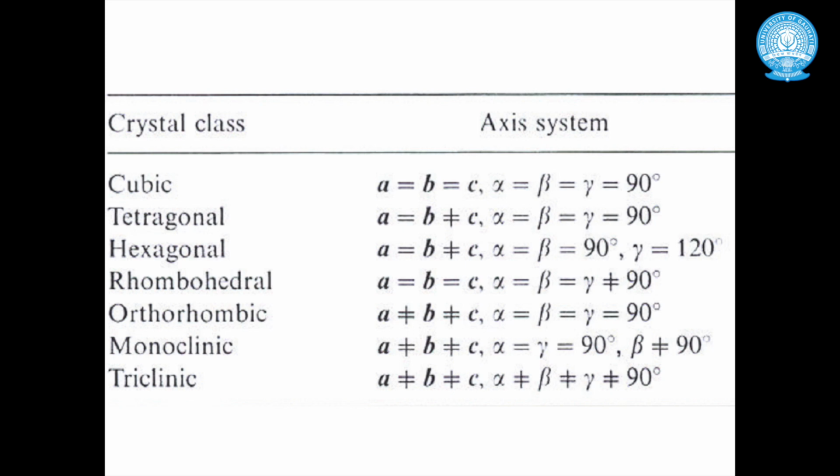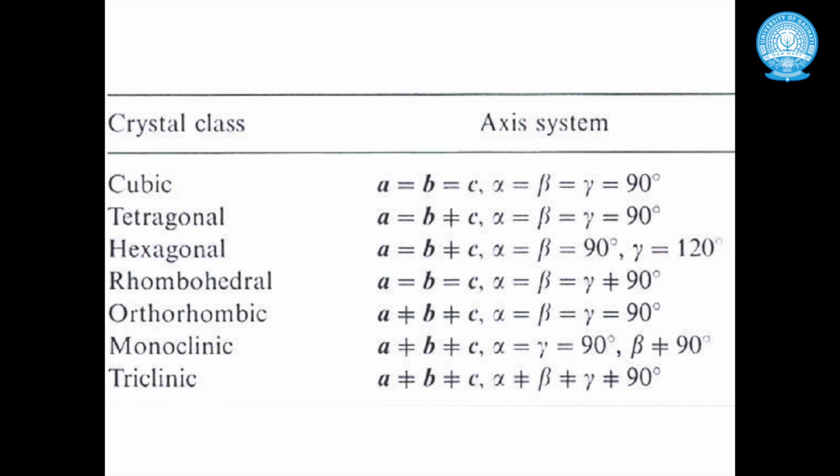Now every compound will not have similar crystal patterns. Some compounds will form cubic crystals, some will form tetragonal, hexagonal, rhombohedral, orthorhombic, monoclinic and triclinic. These are different crystal shapes.